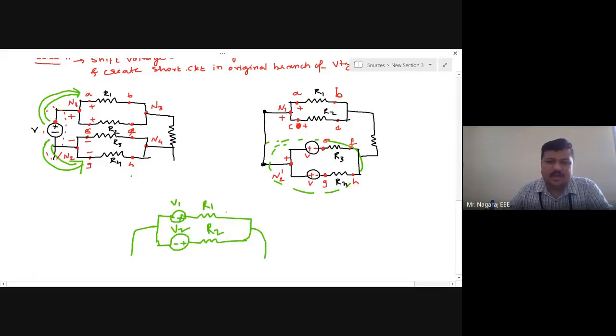So here I am using the source transformation technique. There may be some circuits where source transformation will not serve. We will come to examples. When we solve examples on source shifting, you will come to know that. There may be times when source transformation alone will not help me reduce the circuit.